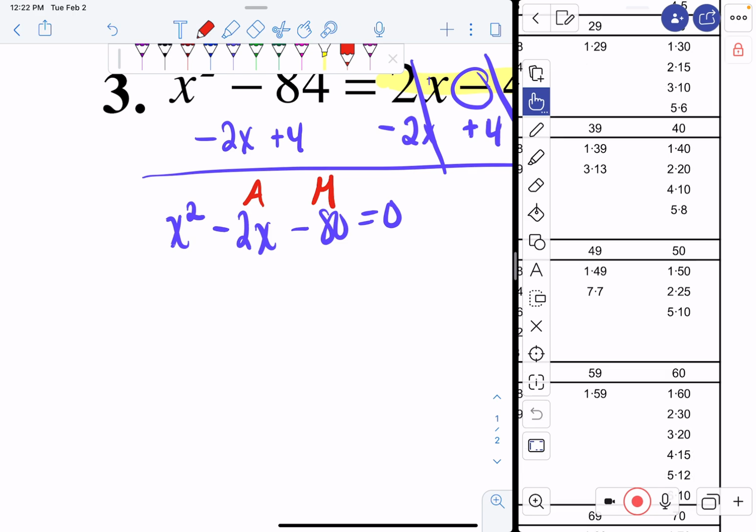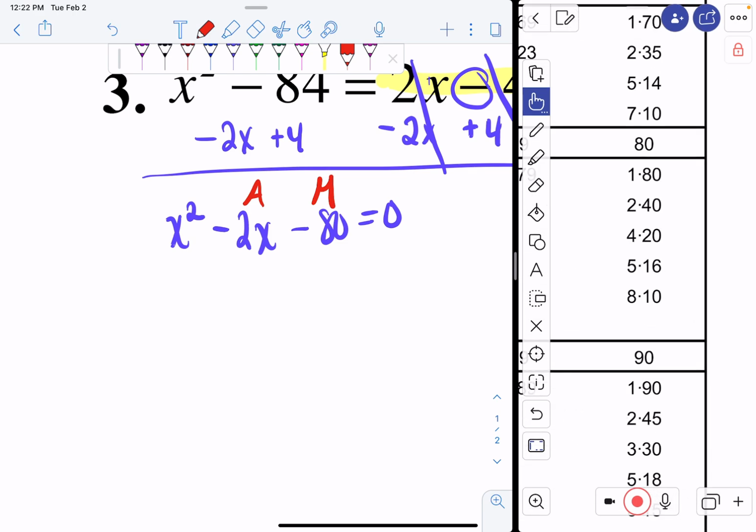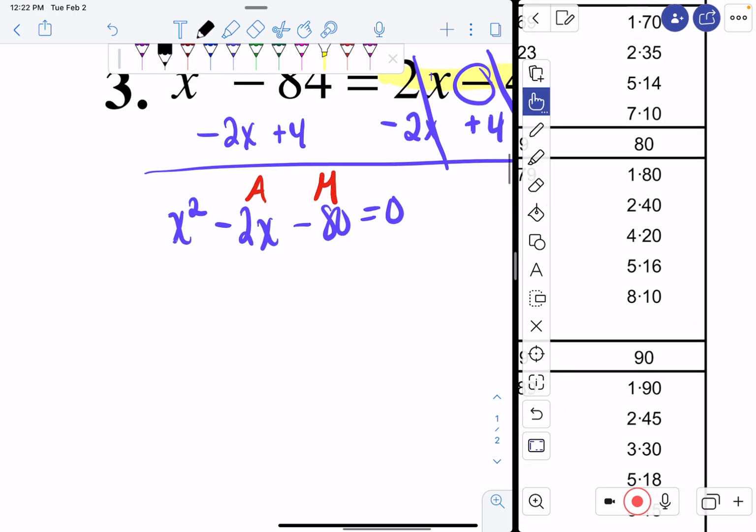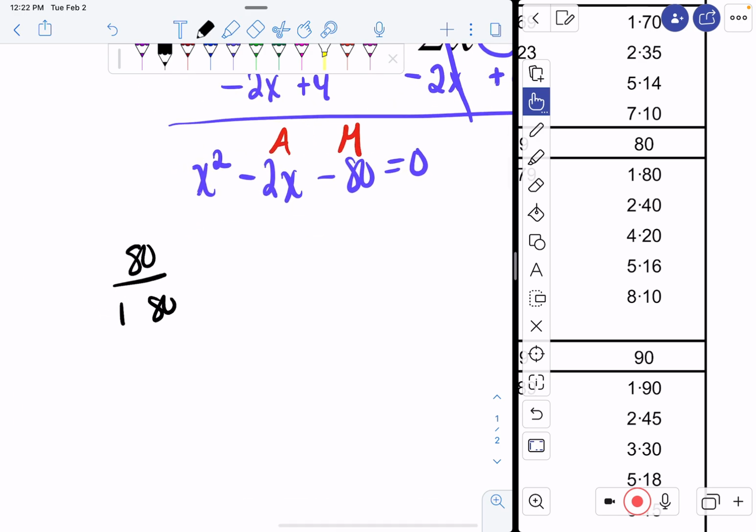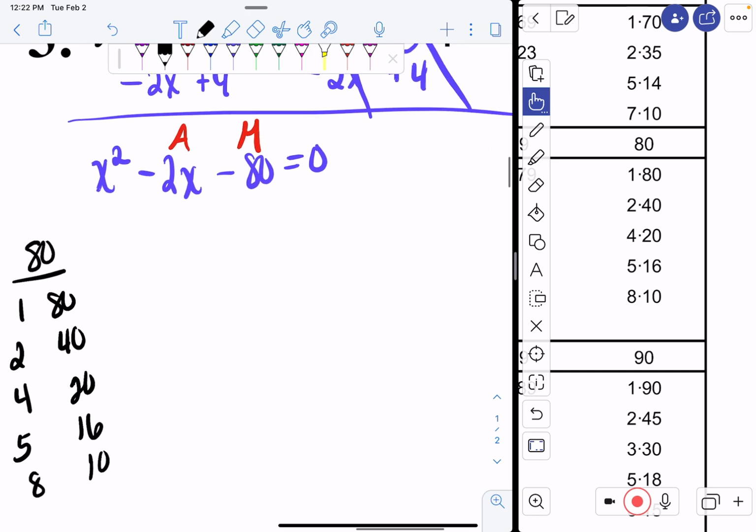So I go to my factor pair sheet, and 80's got a bunch of combinations. So I'm going to write the number 80. I've got 1 and 80, 2 and 40, 4 and 20, 5 and 16, and 8 and 10.